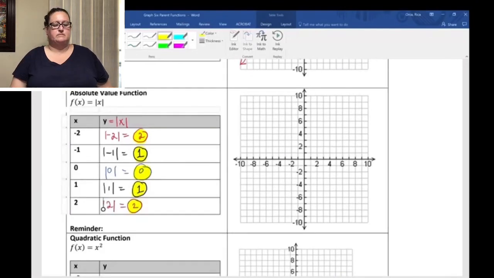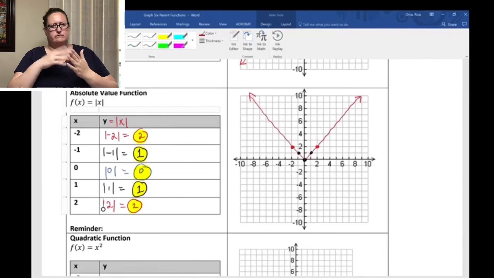Now let's take these points and plot them. I have a point at -2, 2, -1, 1, 0, 0, 1, 1, and 2, 2. Now let's draw our graph.